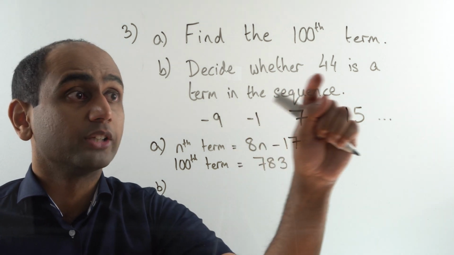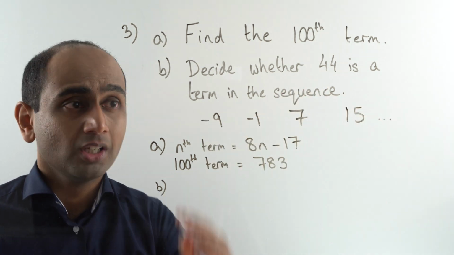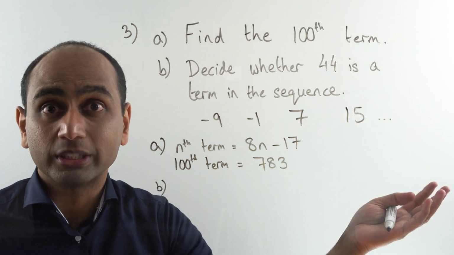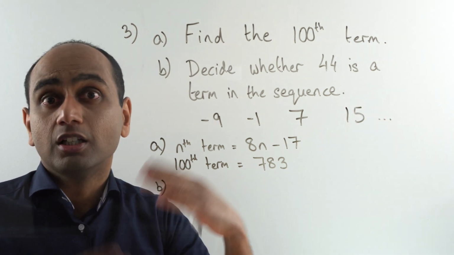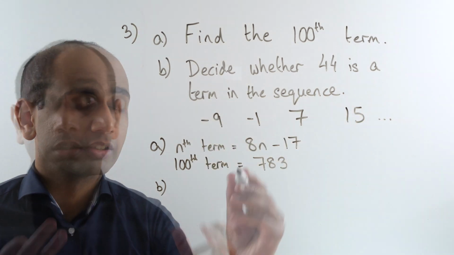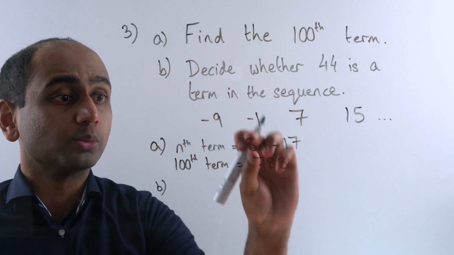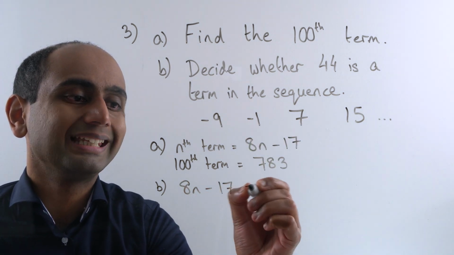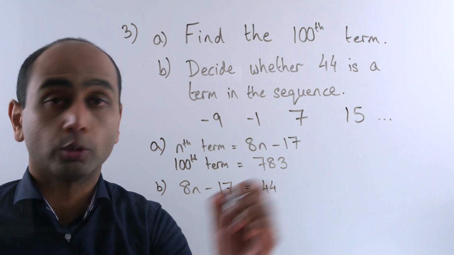Now we need to decide whether 44 is in this sequence. In this particular case, it's probably easier just to keep on adding 8 and seeing if we get 44. But just to show the previous skill, I'm going to set up an equation and try and solve it. So what we're looking for is when 8n minus 17 equals 44.